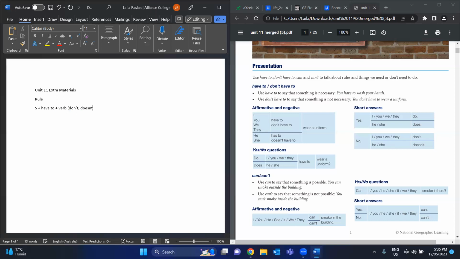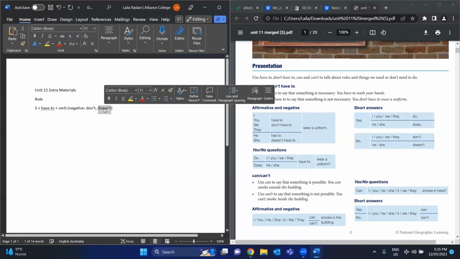So the only one that we change is for he, she, it: doesn't. And then we, they don't have to. So that's the negative. Just remember, it's only he, she, it doesn't have to do something.